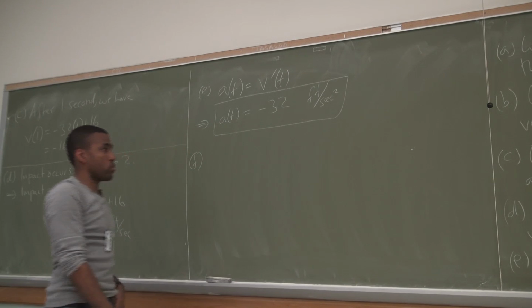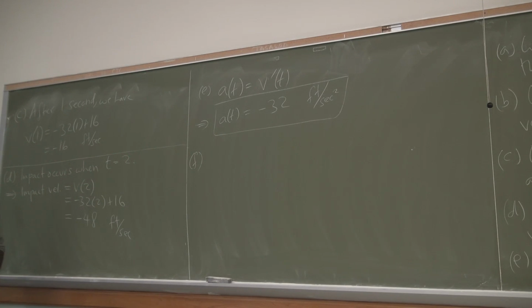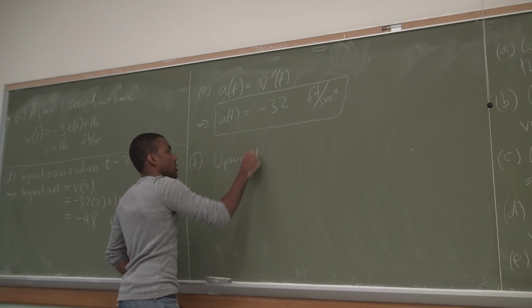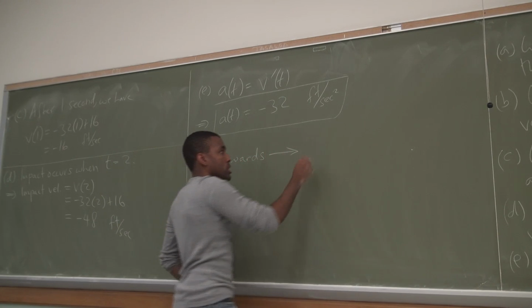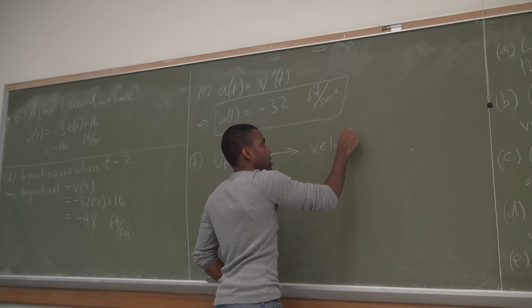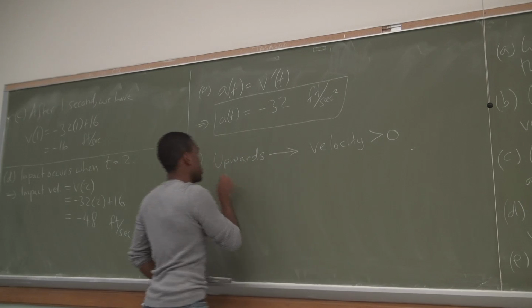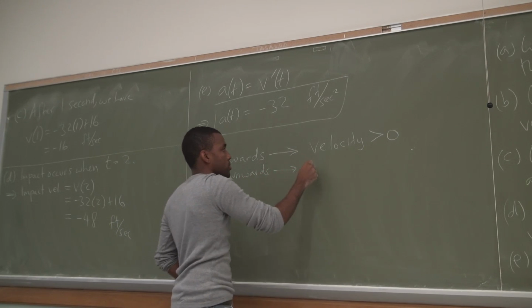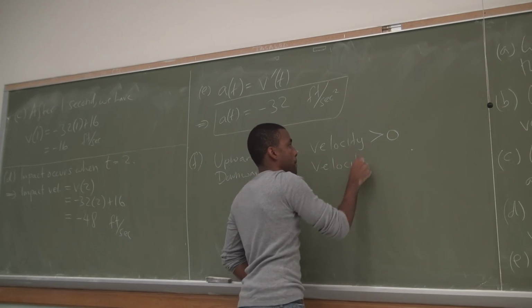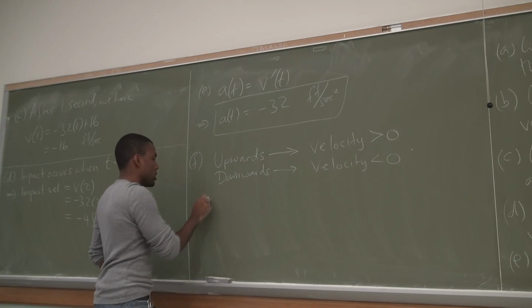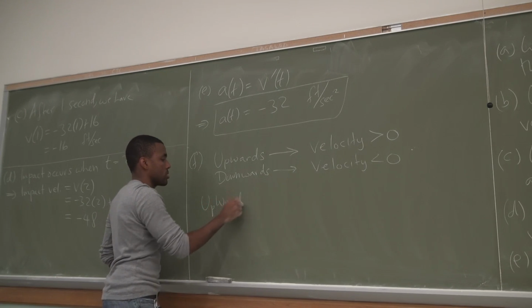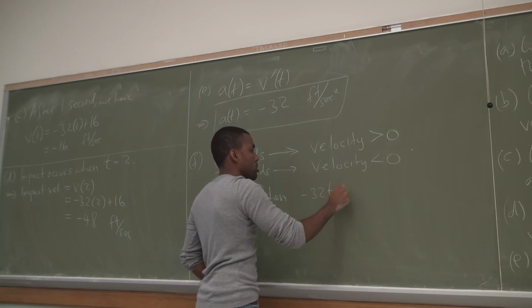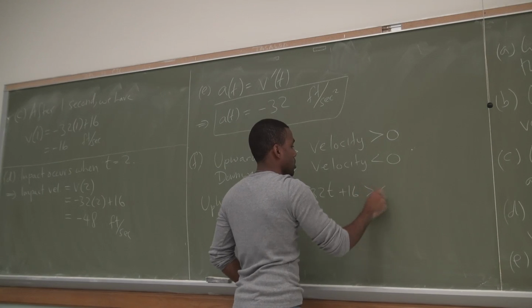When is the diver traveling upwards? When is he traveling downwards? Remember what we said: upwards means velocity positive, downwards means velocity negative. So he's going upwards when minus 32t plus 16 is positive.